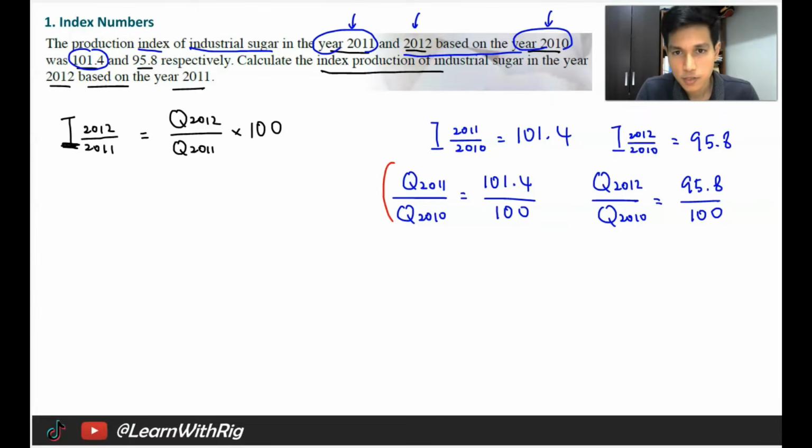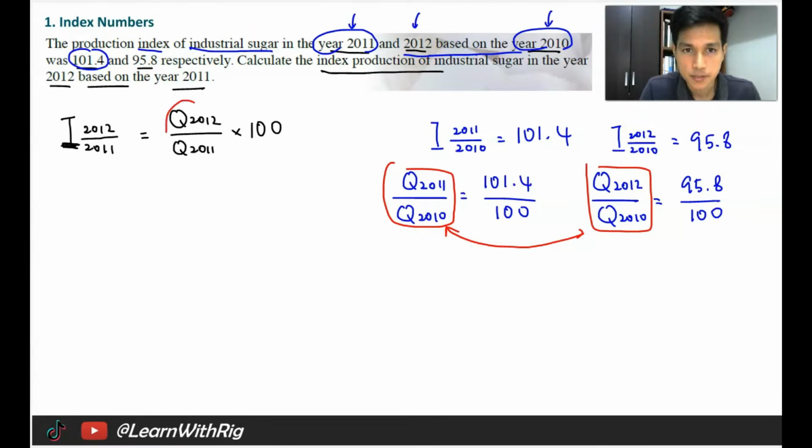You have Q2011 over 2010, and you have this. What can you do with these two to make it become this? That is the question. Take note: you're looking for Q2012 based on Q2011.